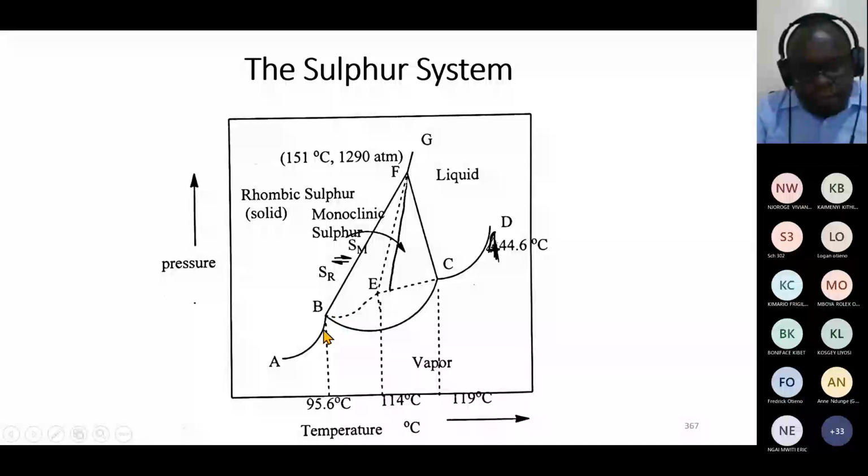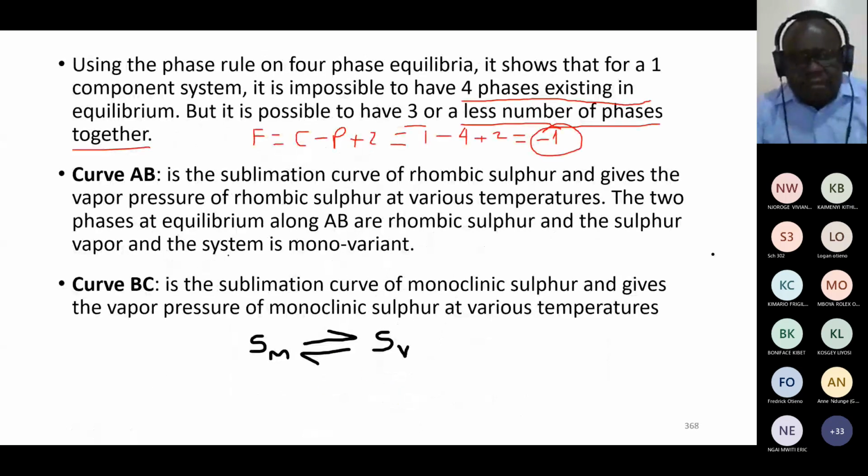Here, notice this is where you have the rhombic sulfur being at equilibrium with the sulfur vapor. So this is the sublimation curve of rhombic sulfur, and it gives the vapor pressure of rhombic sulfur at various temperatures.